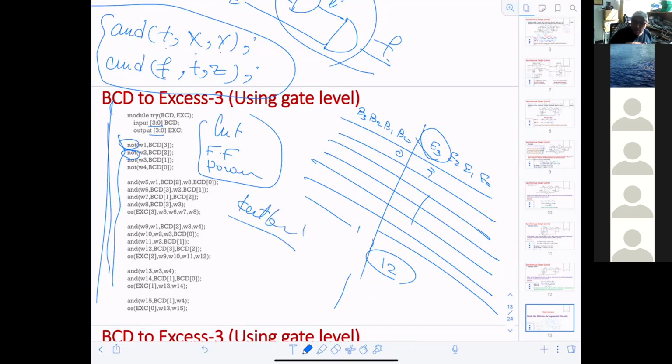Question I would ask: what type of corner case can I have in such a conversion module if I'm writing this test bench? Does the BCD add 3 to create excess-3? Yeah, but you can think about the corners.